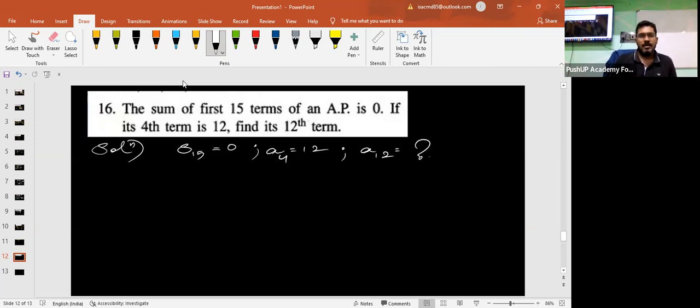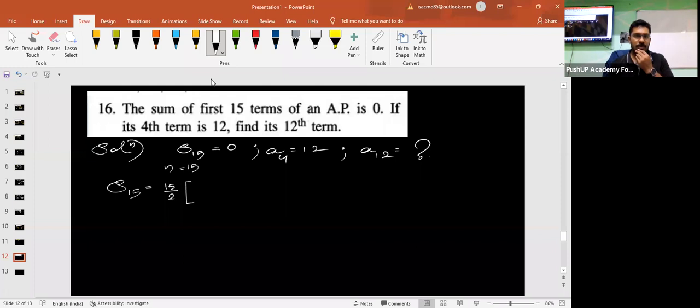Okay. Sum of the first 15 terms. That means when you take n is equal to 15, the sum is equal to 0. Let's check what we can do from here. S15 would be equal to n by 2, so 15 by 2 into A. A is given?